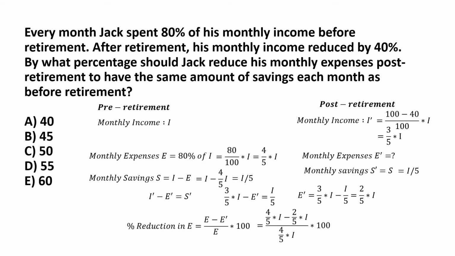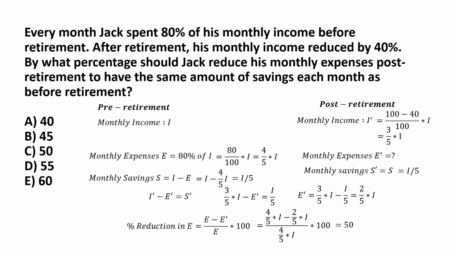And now we know each of these quantities in terms of I, so we can do the substitution. So it comes to 4 by 5I minus 2 by 5I in the numerator. And in the denominator, we have 4 by 5 multiplied by I. So just substituting E dash and E, which you have already found out, right? E is 4 by 5I, and E dash is 2 by 5I.